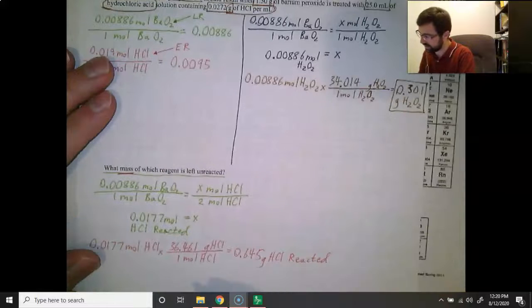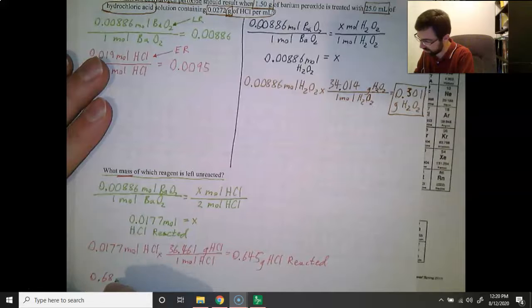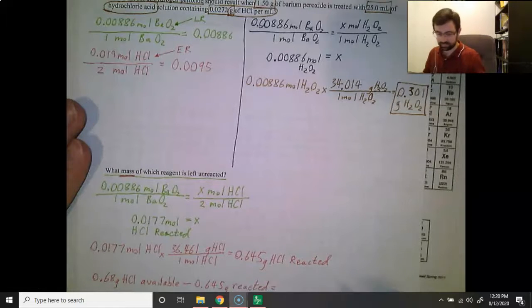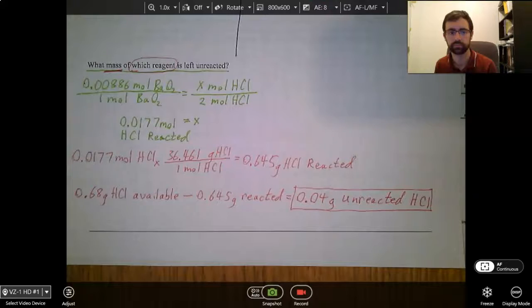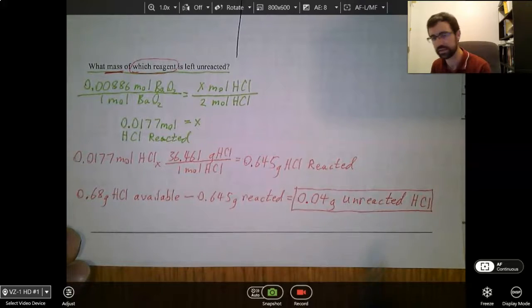So I'm going to take the amount that was available, 0.68 grams HCl available, minus the 0.645 grams that reacted, and when I do that, we end up with 0.04 grams unreacted HCl. And that's the answer to the final question.